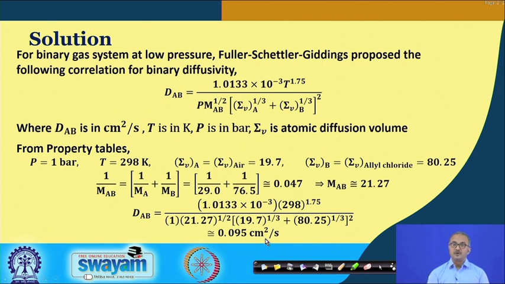Now, this is for allyl chloride into air. This diffusivity value will differ for different types of systems. Gases will have the highest diffusivity, then liquid, and the least will be the solid. So, depending on the type of the species and its phase, the diffusivity value will keep changing.